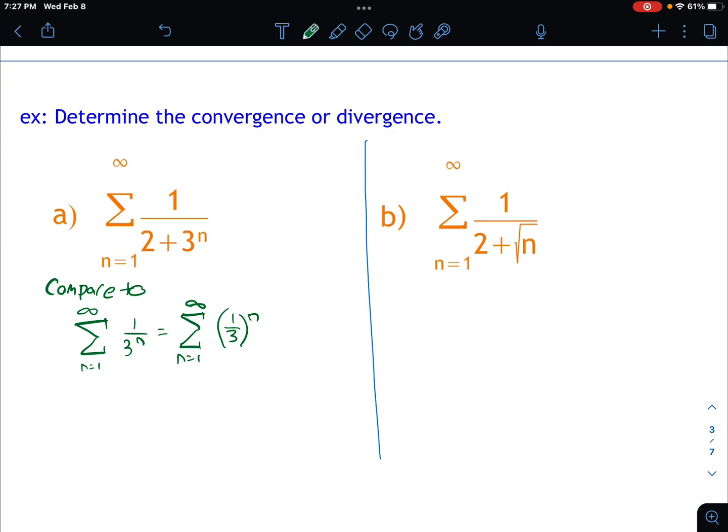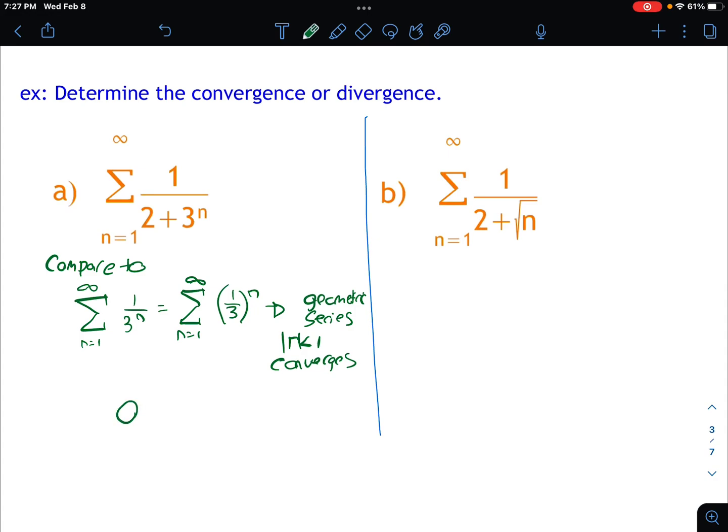And what you guys know about this is a geometric series where the absolute value of r is less than 1. So what this means is that our function converges. So it converges. Okay? Now, here's the thing.